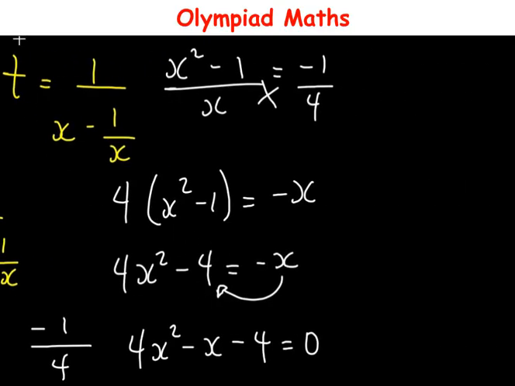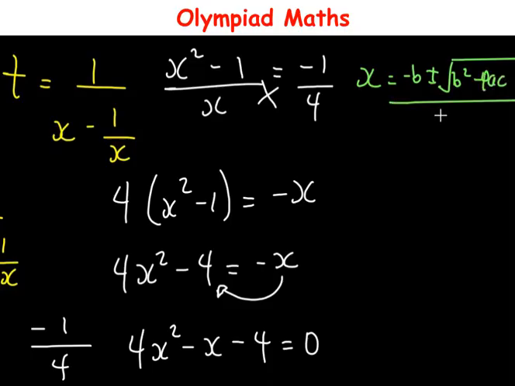To solve for the value of x, we're going to make use of the quadratic formula, which is given by x is equal to minus b plus or minus square root of b squared minus 4ac all over 2a. In this case, the value of a is the coefficient of x squared, which is 4. The value of b is the coefficient of x, which is minus 1. The value of c is the constant, which is minus 4.